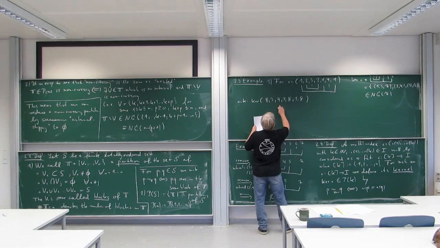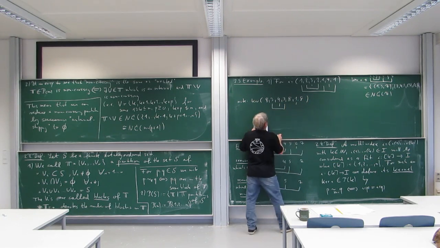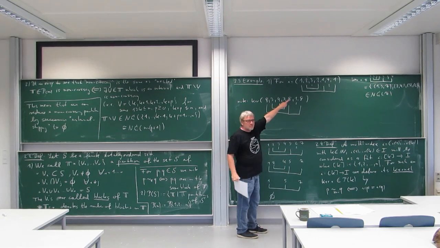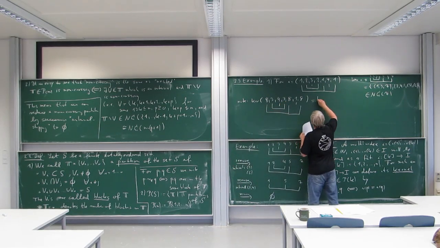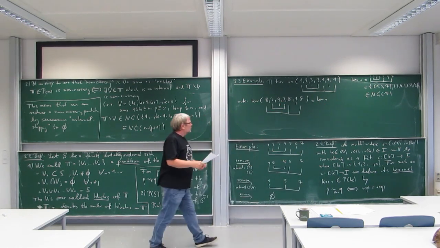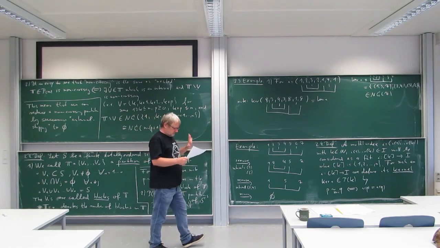Again, 4 appears only once, 1 appears only once, 3 appears twice, and 8 appears three times. So you see this is the same partition as here. Also the kernel of this is the same as this kernel. Good, I hope this is clear.